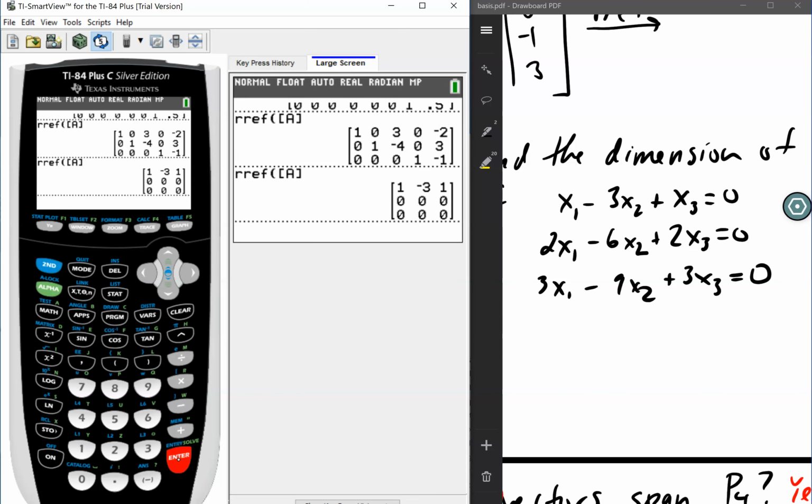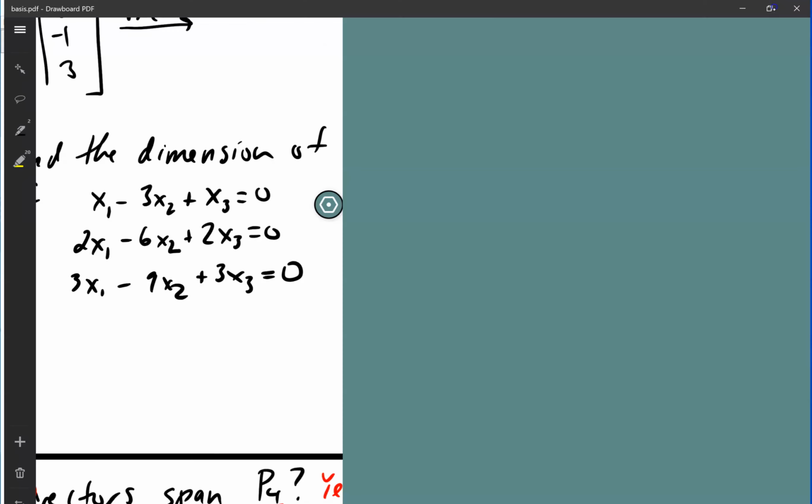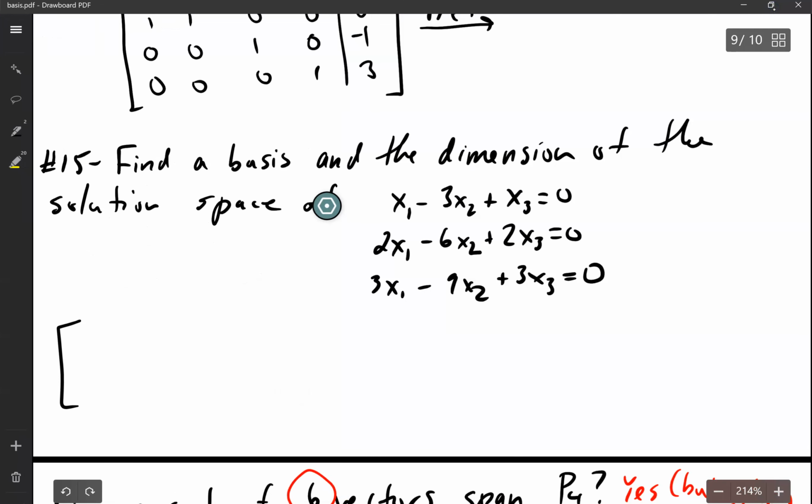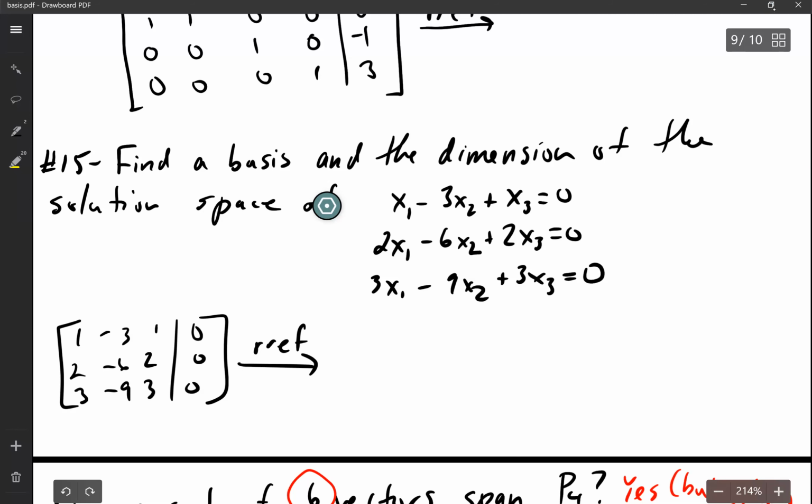So we took the matrix 1, -3, 1, then 0, 2, -6, 2 with a 0, 3, -9, 3 with a 0, and reduced it to 1, -3, 1, and then zeros everywhere else.